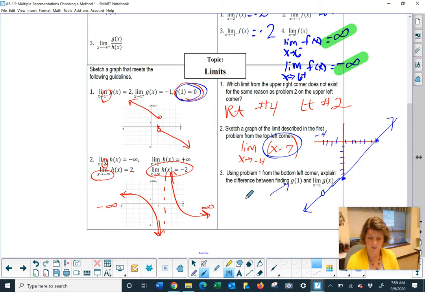So this is an ordered pair, 1, 0. Whereas the limit describes what the function is doing from the left and the right side of 1. And that left and right side of 1, they do definitely approach different values there too.